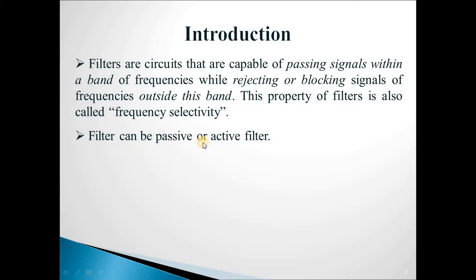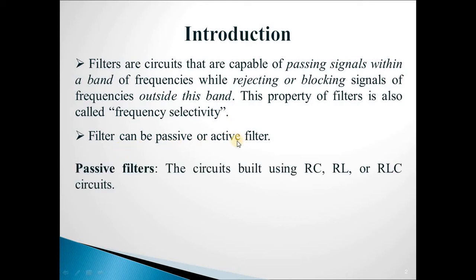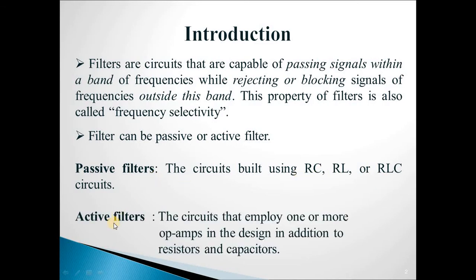Filters can be passive or active filters. Passive filters are the circuits built using RC, RL or RLC circuits, and active filters are the circuits that employ one or more op-amps in design in addition to resistors and capacitors.